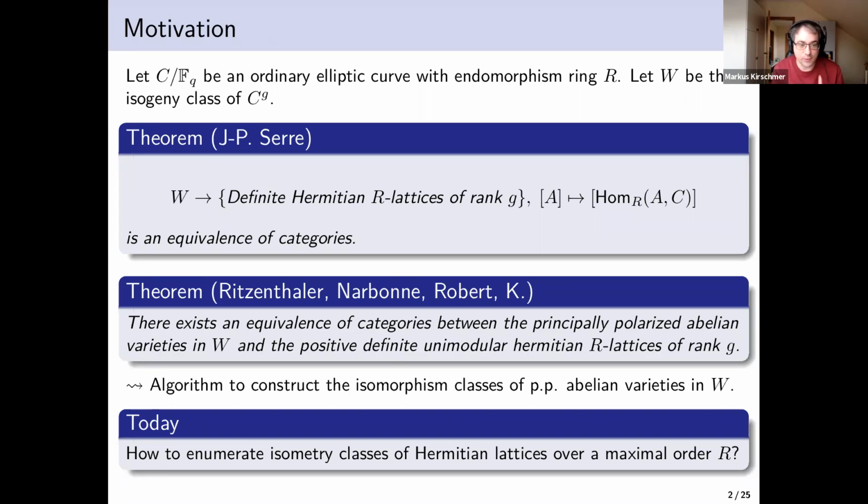If you want to know more about the algorithm and this result, then one of the three experts on varieties will know more. But that should only be motivation of why we want to actually look at positive definite unimodular Hermitian lattices, whatever these objects are. So that's a motivation why I want to do that today.